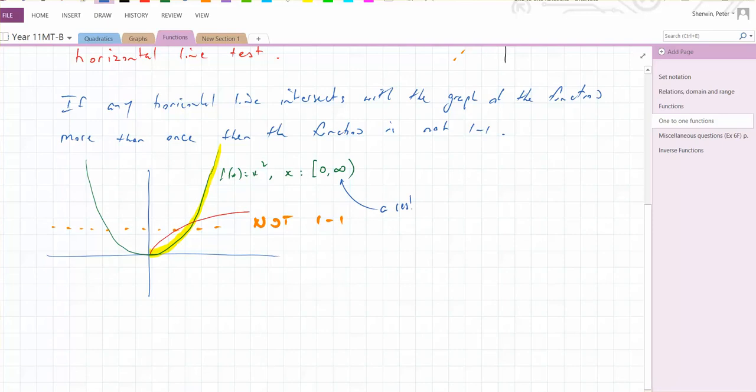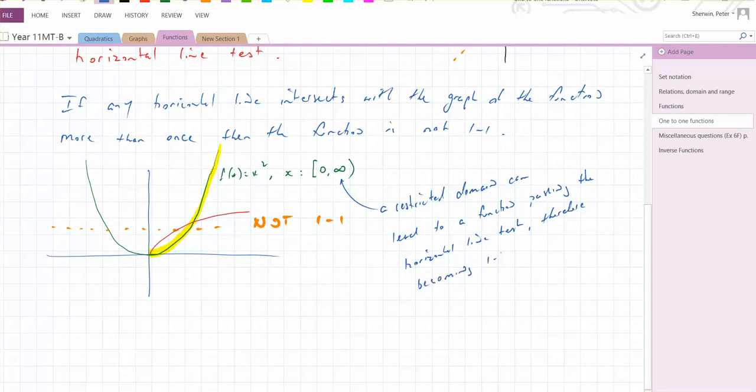A restricted domain can lead to a function passing the horizontal line test, therefore becoming one-to-one, and therefore having an inverse that is a function.